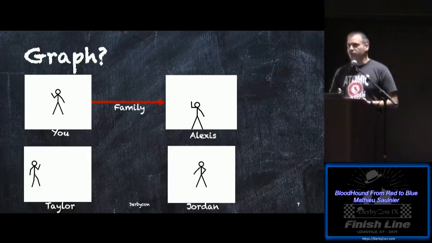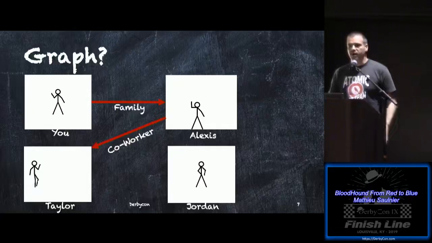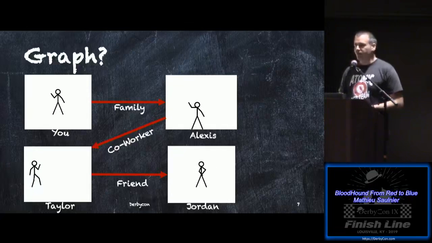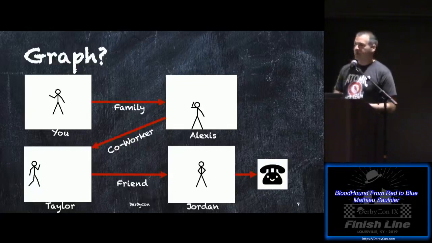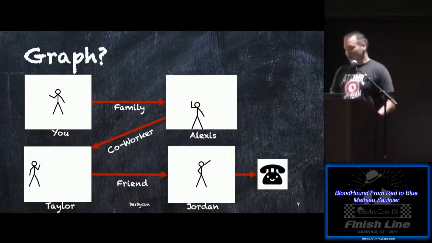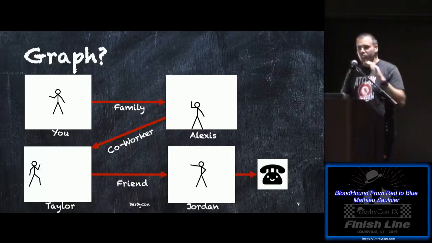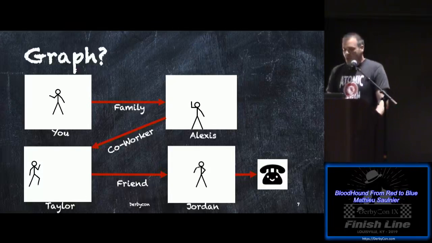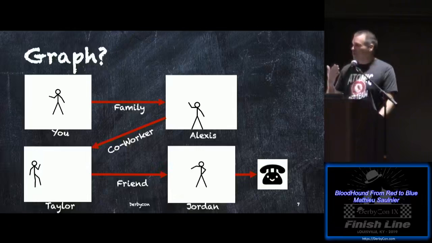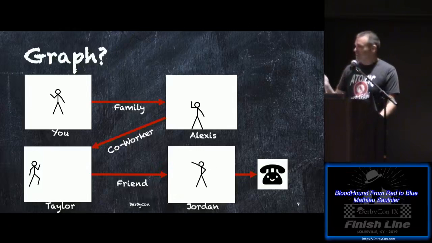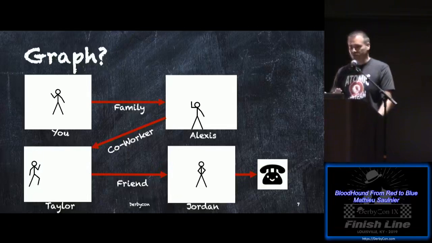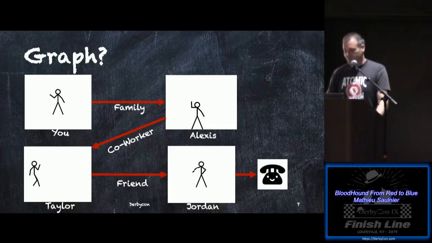So you're going to leverage your family relationship with Alexis, who is a coworker of Taylor, who is a friend of Jordan. And with that, you're going to find Jordan's phone number. Yay! And by the icon I used for that phone number, you can guess roughly how old I am. I also hope that you noticed and appreciate that all the names and relationships are gender neutral. Put a lot of effort into that.